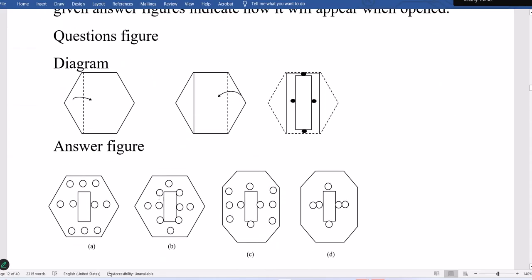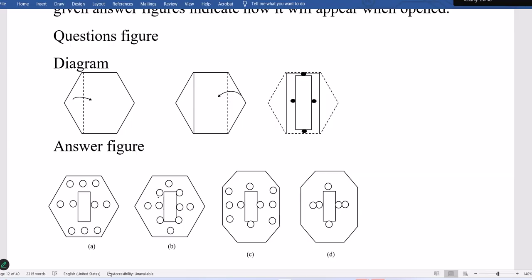Folded, unfolded. Okay, paper cutting related. Now, if you observe, you just do that paper cutting here. Yeah.